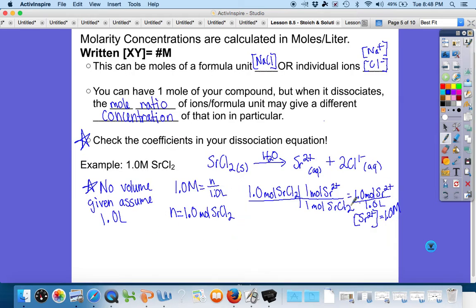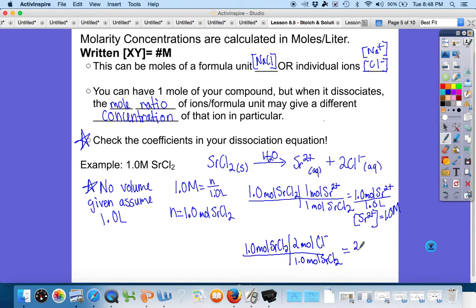So then to find the moles and molarity of our chlorine ions, again, we're starting with 1 mole of our compound. But in our dissociation equation, we have 2 moles of our chlorine ions.